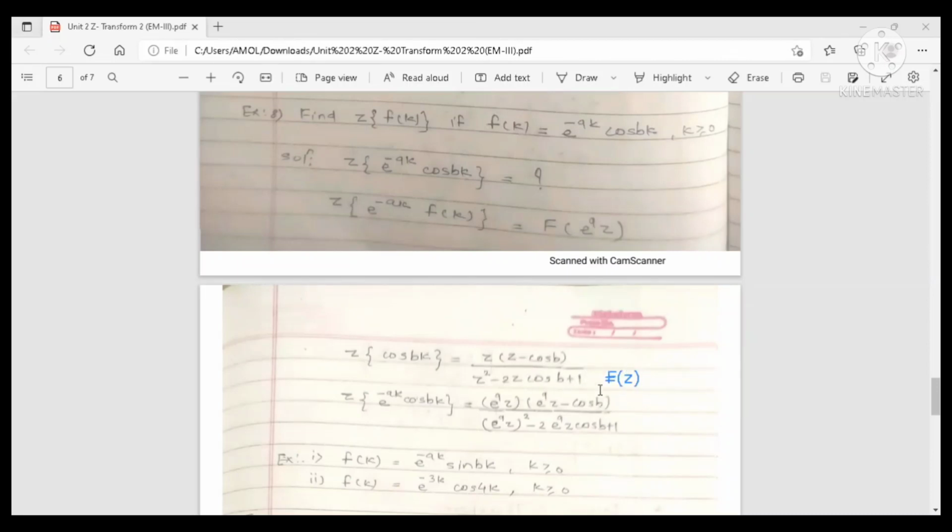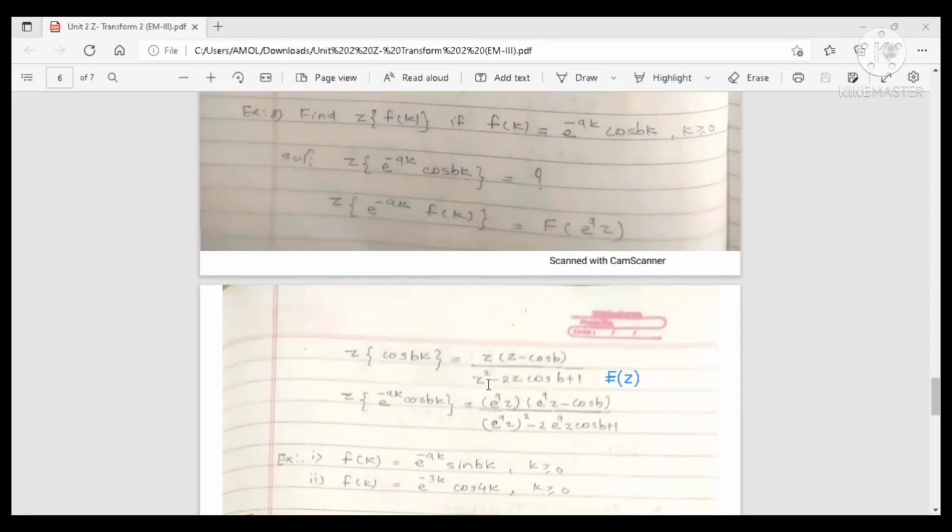In this f of z you now replace your z term by e raised to a into z. So every z in the Z transform of cos bk you replace by e raised to a into z, because of this formula.